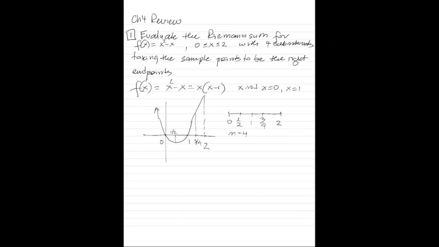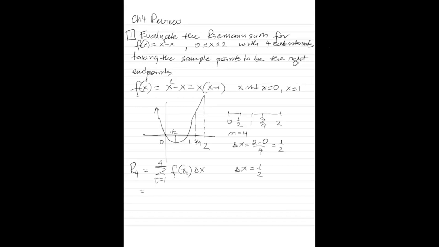All right, so we need to evaluate this Riemann sum. We'll call it R4, and that is sigma of f of xi delta x, and i's from 1 to 4, and delta x is, how do we find delta x? We divide the length, 2 minus 0, divided by 4, so it's 1/2.